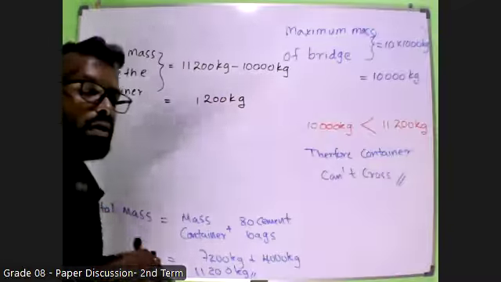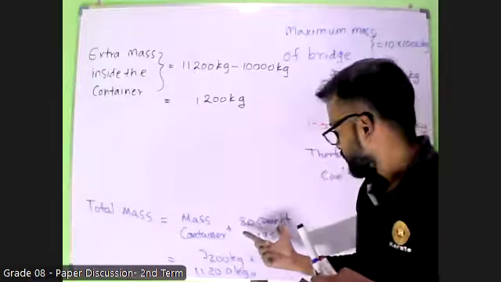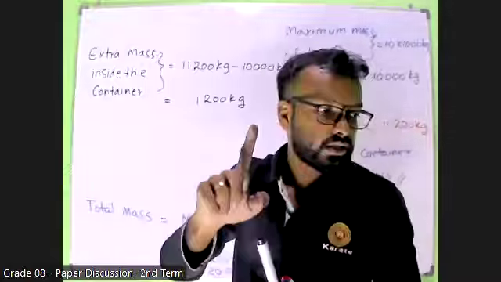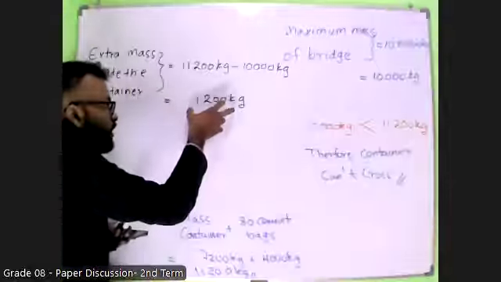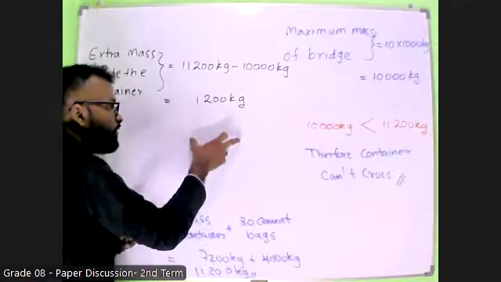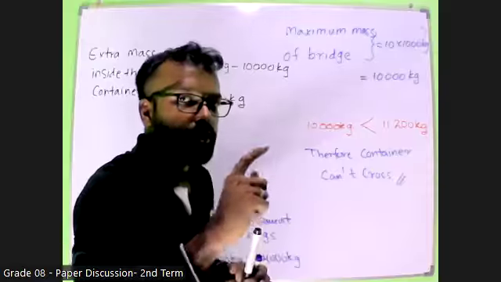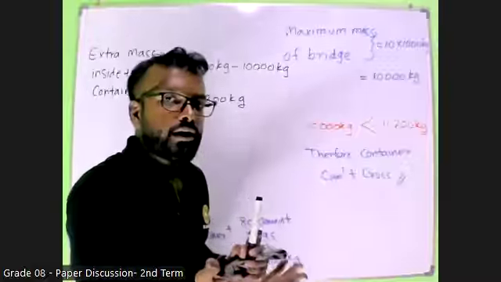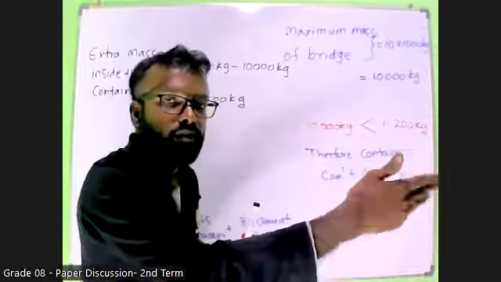We know the mass of one cement bag is 50 kilograms. So we need to divide this 1,200 extra kilograms by 50 in order to find the number of cement bags that we need to remove, because 1,200 kilograms is related to the mass of the extra cement bags that we need to remove.